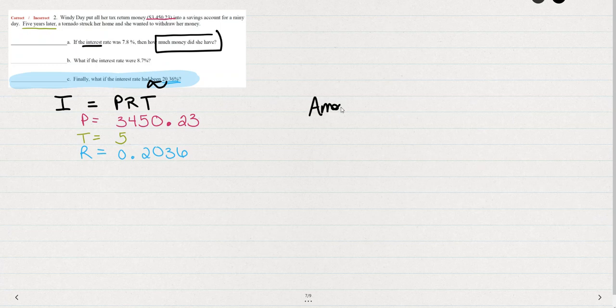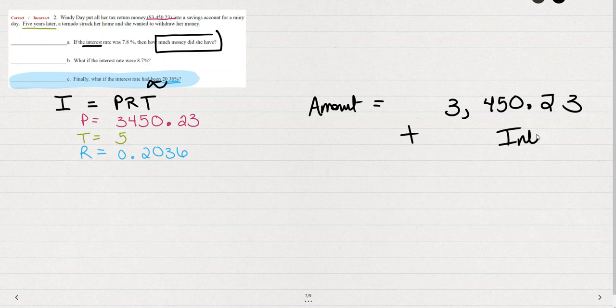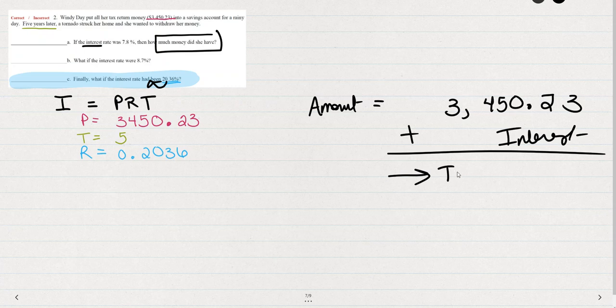The amount that she has is her original savings, $3,450.23, added to the interest amount, and that's going to give us her total.